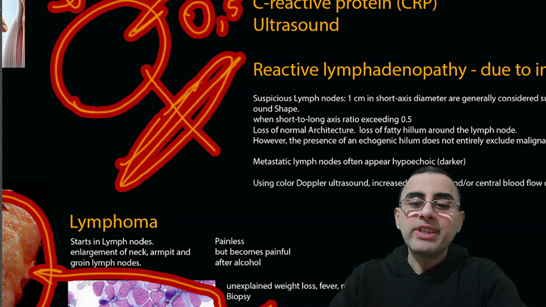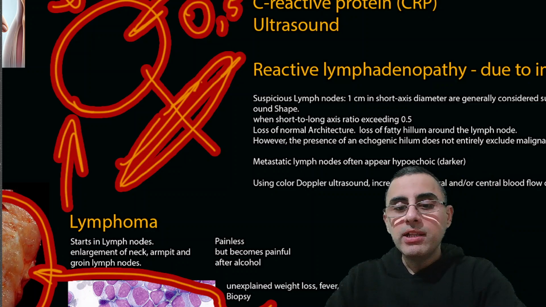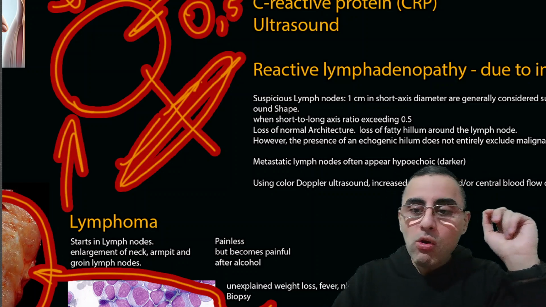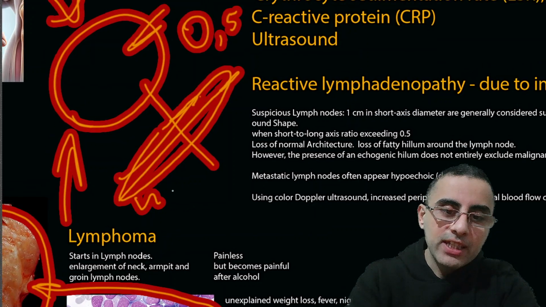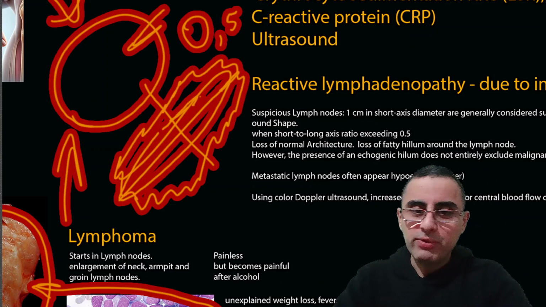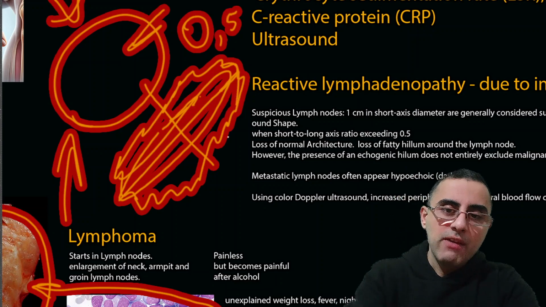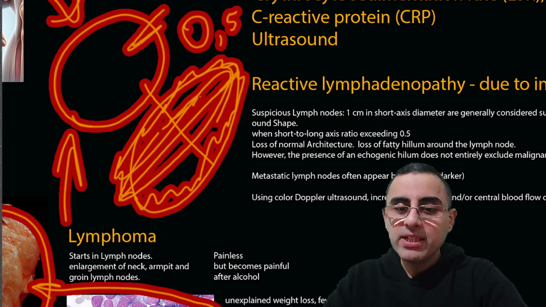Also, if there are hypoechogenic or darker lymph nodes in ultrasound, you should pay attention to them also. If there is no fatty hilum, the fatty part of the lymph node which should be visible in normal cases, then it can also be a sign of metastasis.